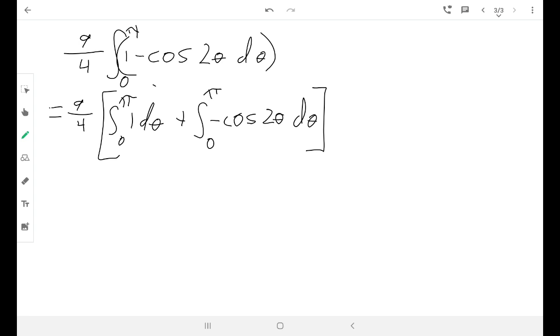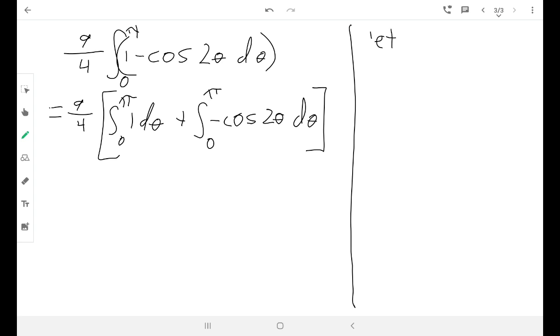And then you can do these integrals separately. This integral right there requires a u substitution, so you need some side work for that.